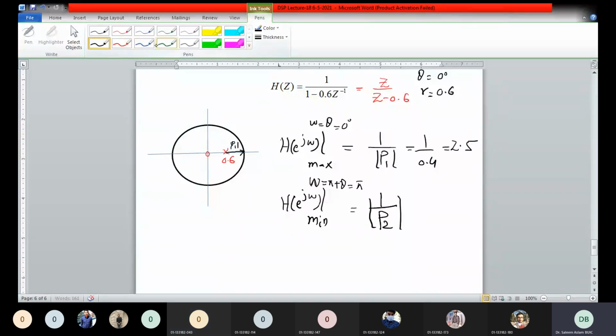What is the value of p2? It would be 1.6. So |p2| is 1.6, and this is equal to 1 over 1.6. It is 0.625. Yes, sir.